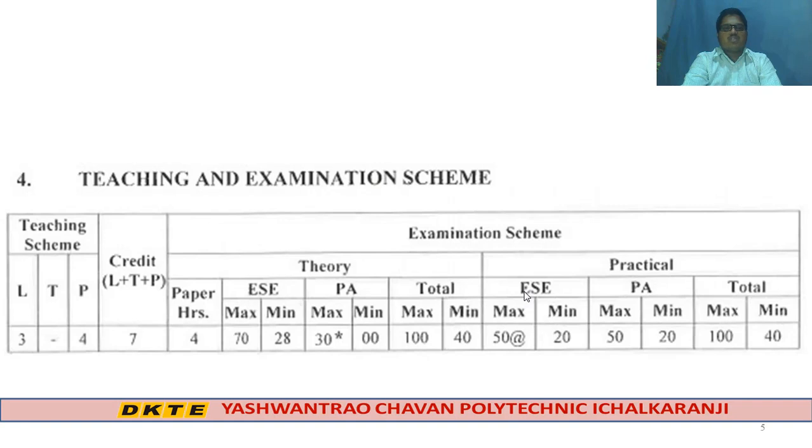In the progressive assessment, there is 1 unit test for 20 marks and 10 marks for a micro project, which the student should submit in the semester. The total theory paper duration is 4 hours. In the practical scheme, there are 50 marks for the end semester examination, which is taken internally, and practical progressive assessment for 50 marks, which is on a practical basis, meaning drawing sheets and assignment sketches.